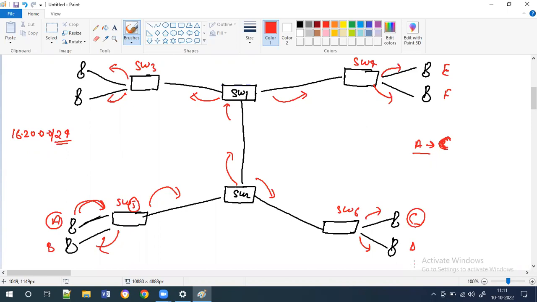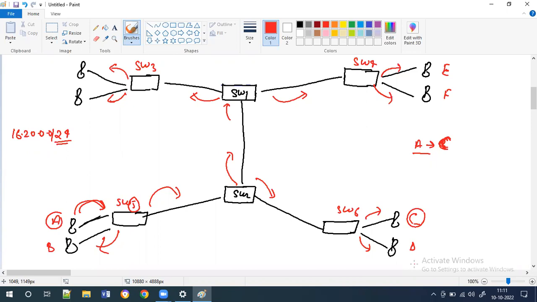All the switches are forwarding the broadcast frame because the switch doesn't know on which interface the destination MAC address is connected. At the initial level they don't know, and they start processing the broadcast frame.